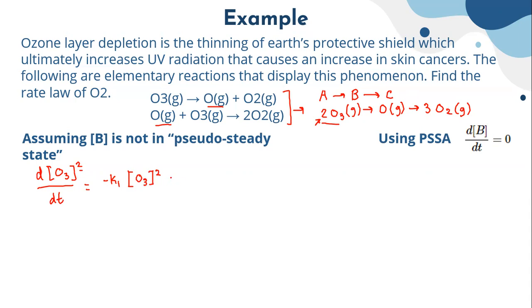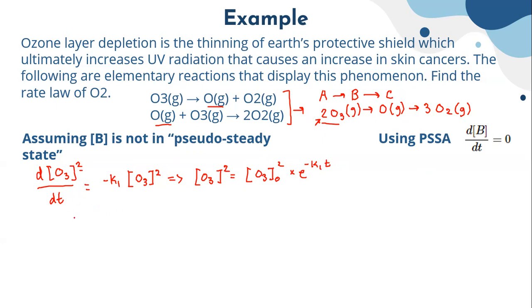And through manipulation, we know that this A here is equal to O3 naught times exponential of negative K1 times T.